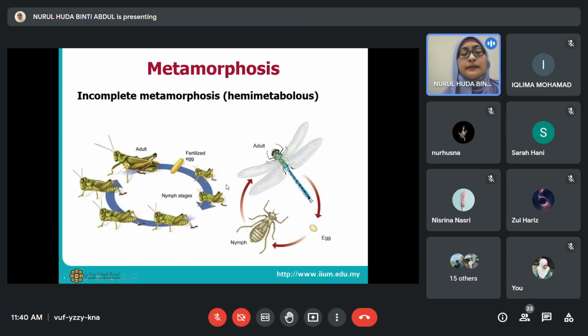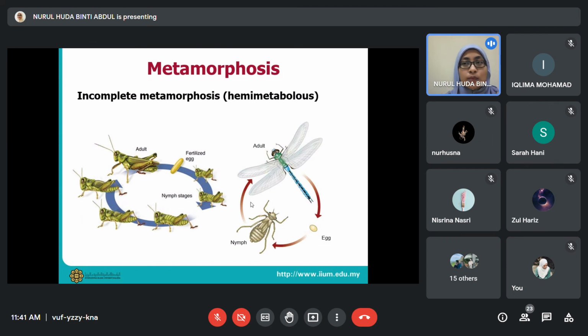For the incomplete metamorphosis, they have only 3 stages, where we have adults, eggs and nymph, and this nymph, from the small nymph to the large nymph, you will go through multiple processes of ecdysis. I mean multiple changes or molting processes, dari kecil sampai besar. It's just that for the incomplete metamorphosis, they have what we call nymphs yang almost similar like adult.